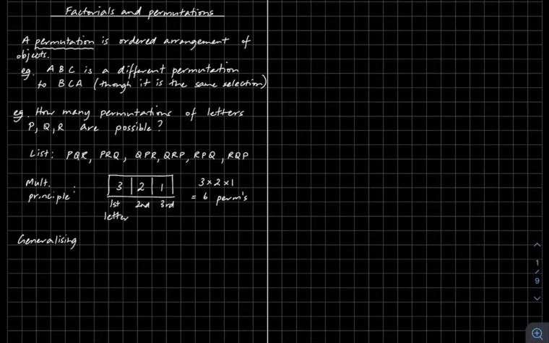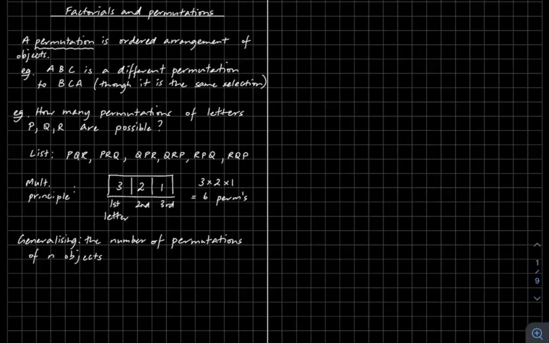What if we were going to try and generalize that? So let's generalize the number of permutations. In fact, let me write this as a statement. Generalizing here, we could say the number of permutations of n objects.